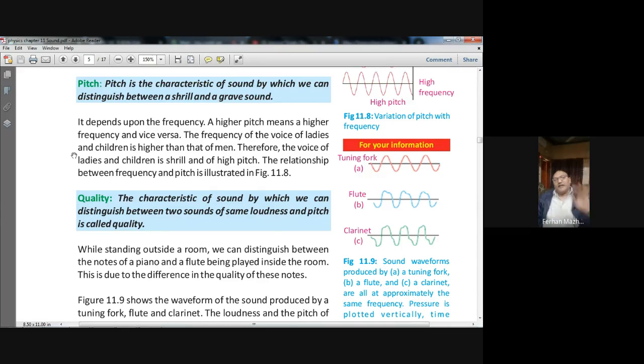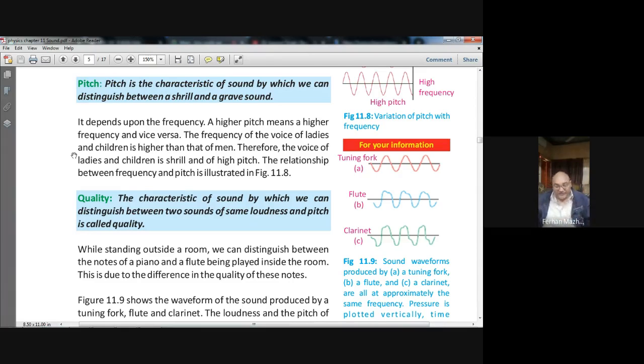Now, another very important thing. You can do this experiment also. If you have a bicycle, put it on a stand and rotate its pedals, so the rear wheel will start rotating.